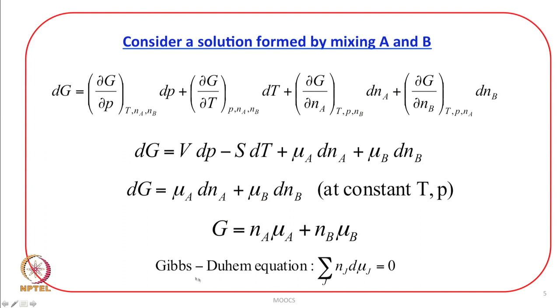Look at the slide. According to the Gibbs-Duhem equation, summation Nj d mu j is equal to 0. That means, if the chemical potential of one species decreases, the chemical potential of the other species must increase to keep this summation, the decrease or increase weighted by their number of moles, equal to 0. The Gibbs-Duhem equation is an important equation which establishes the relation between the changes in chemical potential and number of moles.